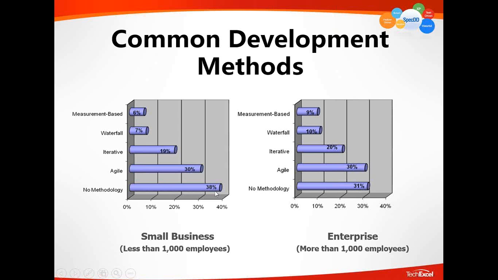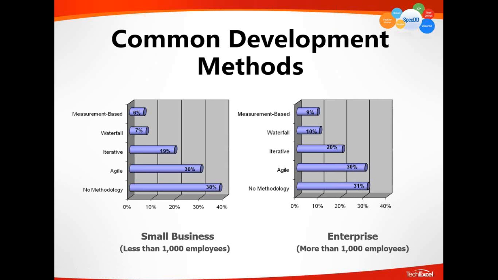Most of the development teams actually do not use any specific method to manage their development processes. 30% of the small business teams use Agile methods, 19% use iterative, 7% use waterfall, and 6% use measurement-based.